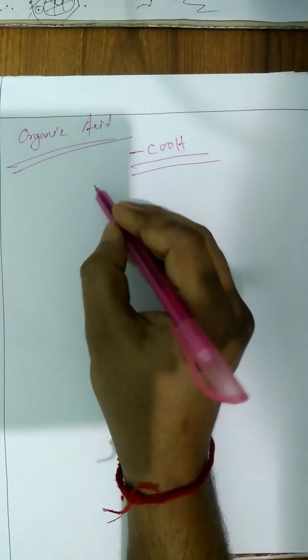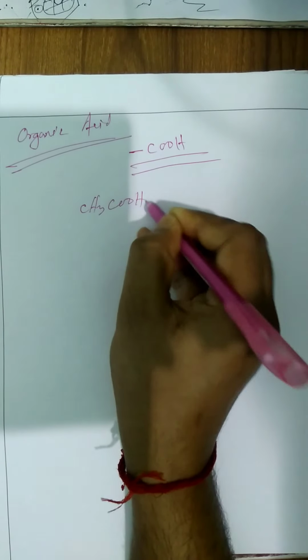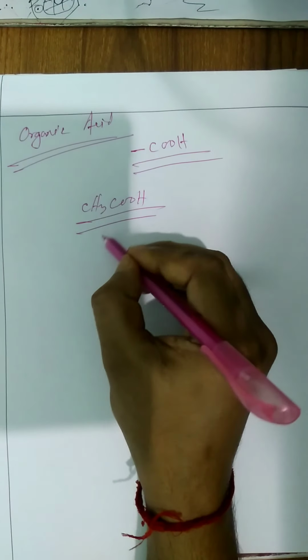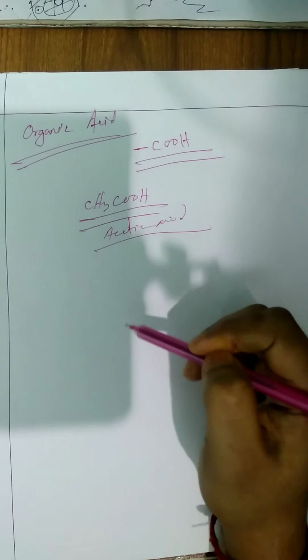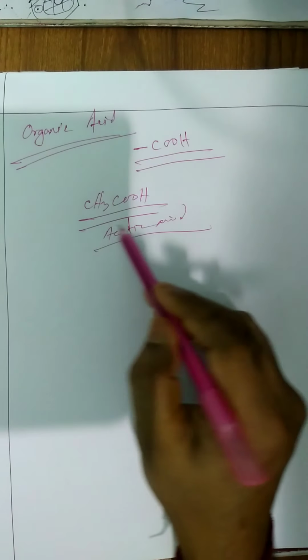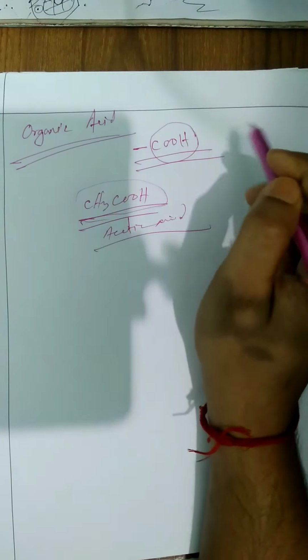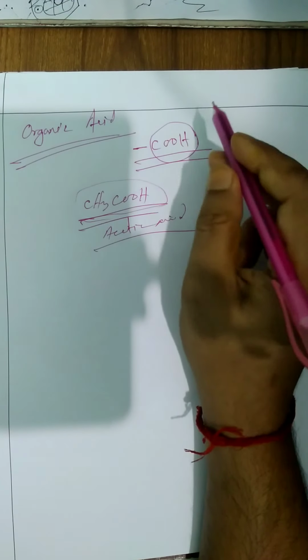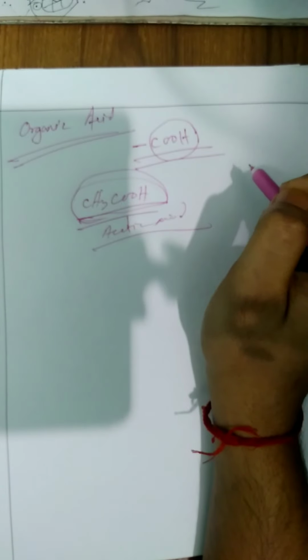So, for example, CH3COOH, acetic acid. Why is acetic acid called an organic acid? Because this acid has this part, that means the carboxylic group, so it is an organic acid.